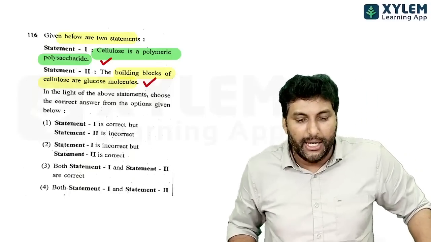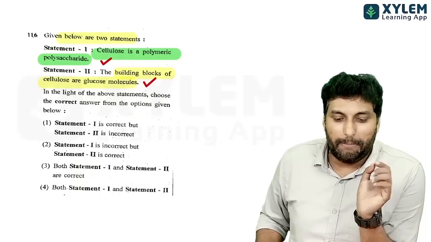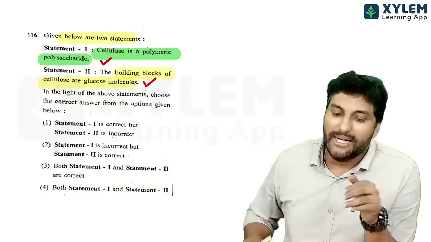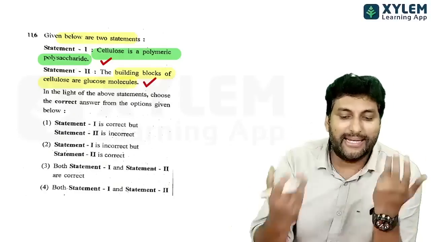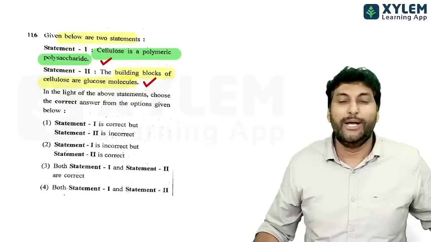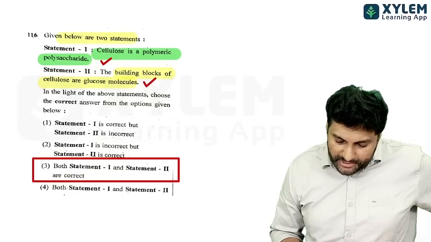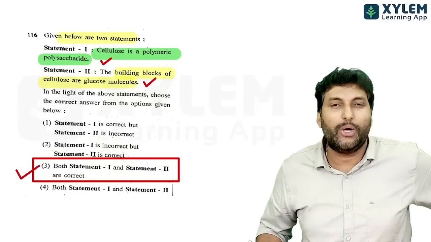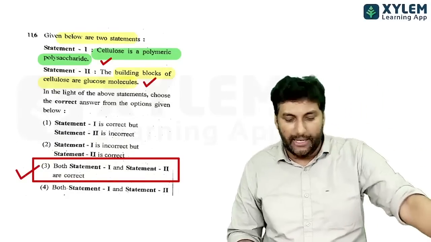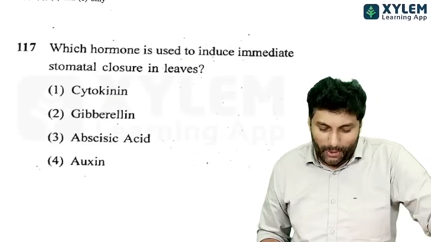So you can see that in this question, both the statements are correct. Cellulose is a polysaccharide and the building block of cellulose is actually glucose. So the right answer is that both statements 1 and 2 are correct. 3 is the right one. Let's move to the 117.